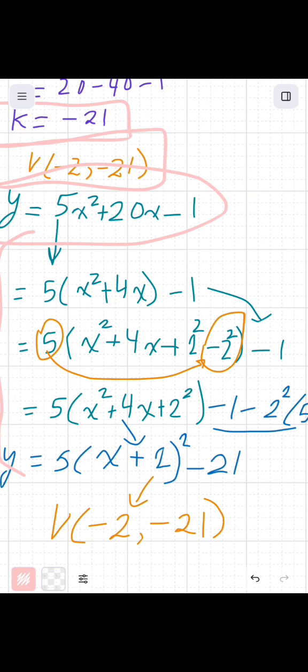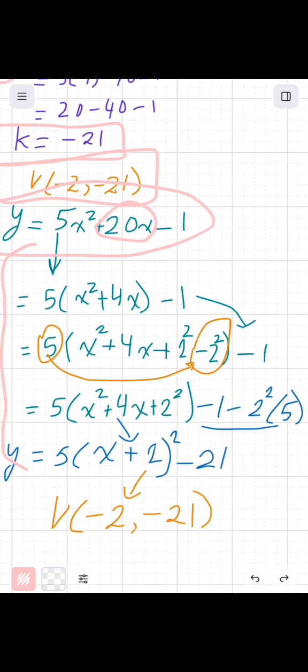So if I take 5 as a common, 5 divided by 5 will give me 1x squared. And this 20x divided by this 5 should give me 4x.